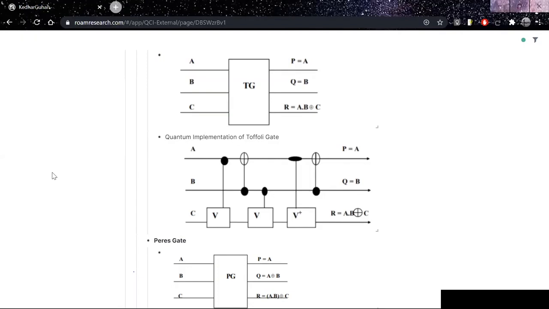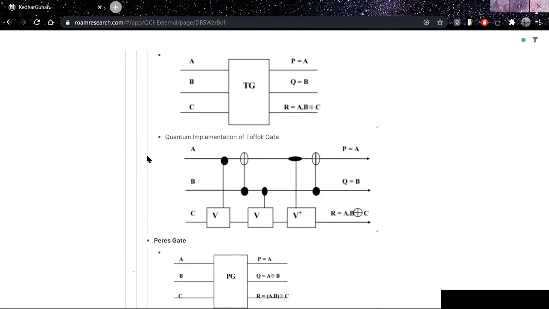So the V gate here and the V transpose gate here have the control bits over here. If the A bit is 1, then the V gate is applied. If the A bit is not 1, then the V gate is not applied.